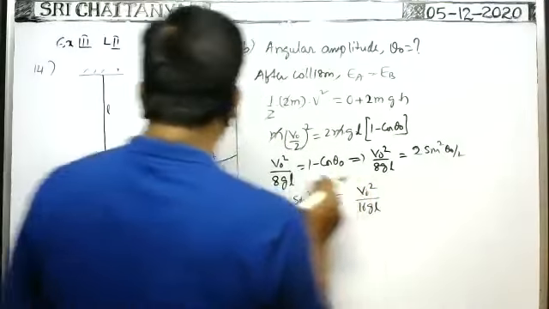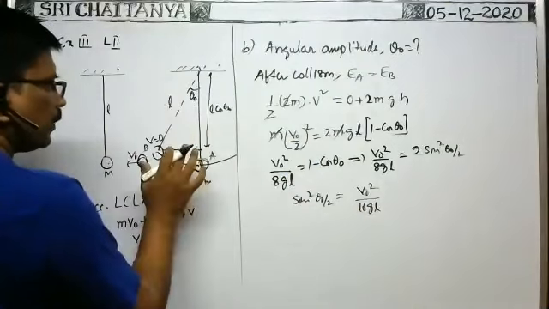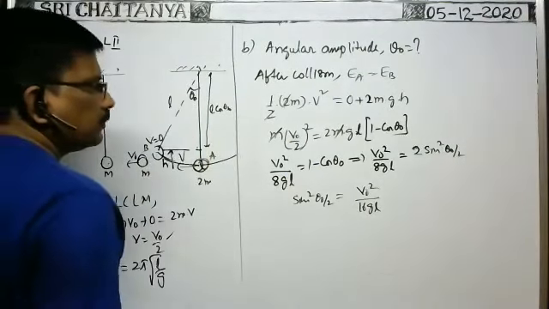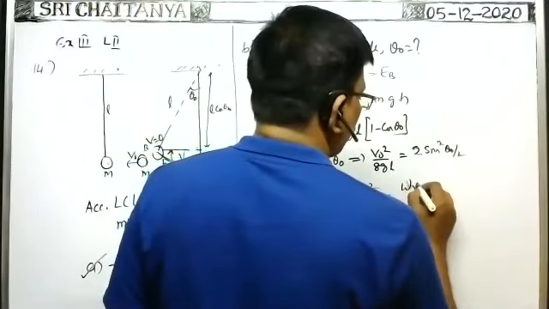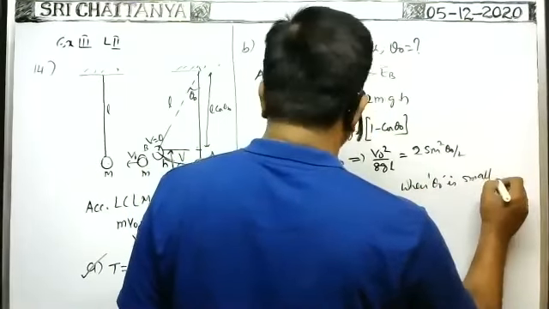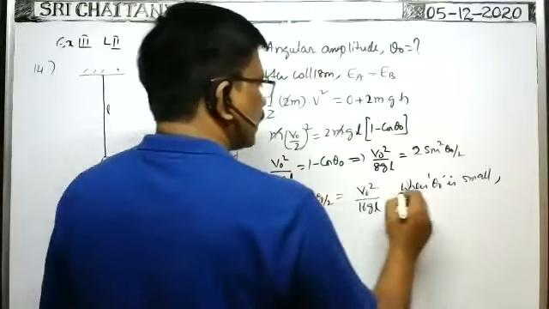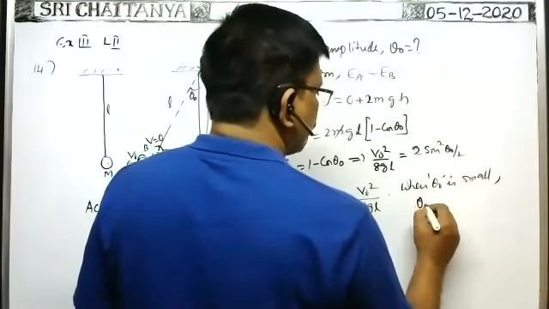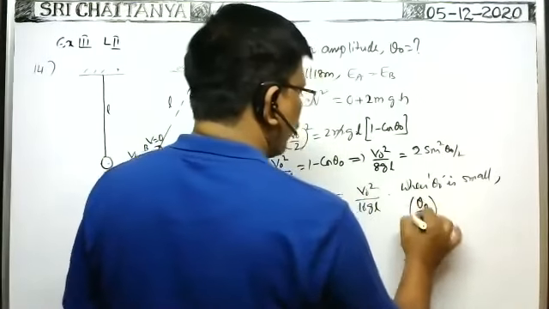That implies, as in simple harmonic motion, when theta naught is small, sin theta naught by 2 can be written as theta naught by 2 only. Square is there.